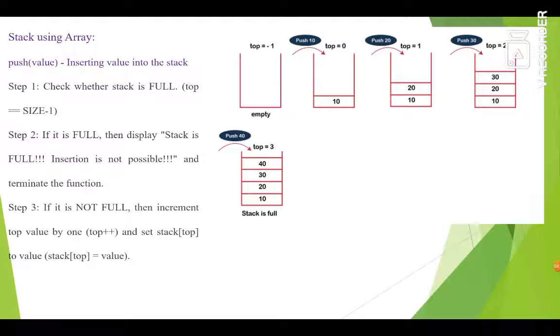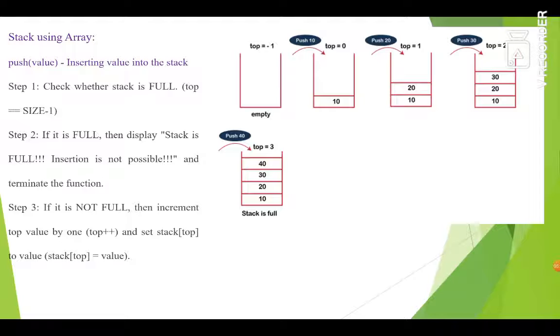Like that you can insert 30 and 40. After the insertion of 40, the top value is 3, since the indices are 0, 1, 2, 3. If the size of the stack is 4, it implies that it is a full stack.